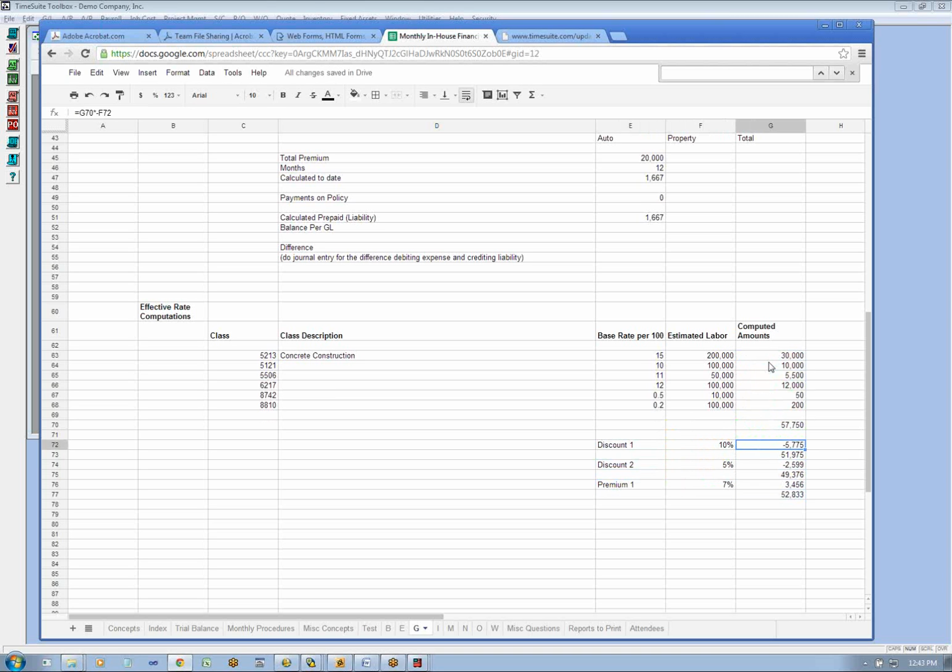So the problem with this is calculating each rate through this stream of premiums and discounts is arduous. So there's a quick shortcut that we can do.